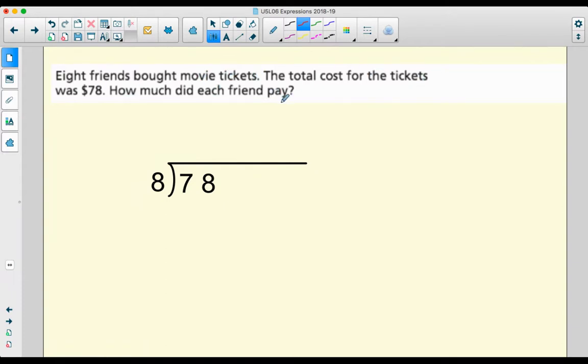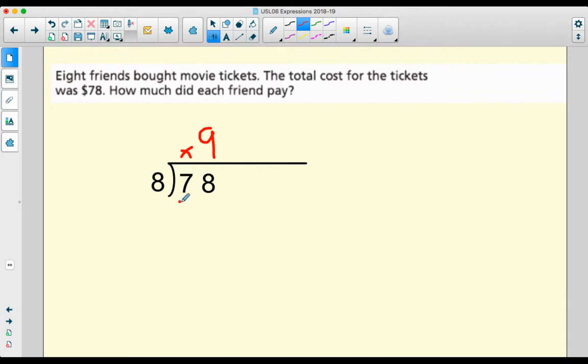How much did each friend pay? Well, my 7 tens can't be put into groups of 8, but my 78 ones can. If I make groups of 8, how many would go in there? I think there would be 9.